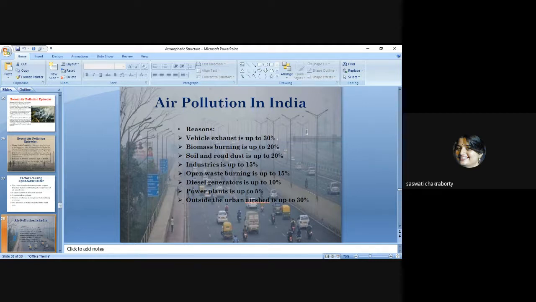So these are the reasons actually. All are the reasons, but the percentage varies. In India, this is the current percentage for major air pollution.